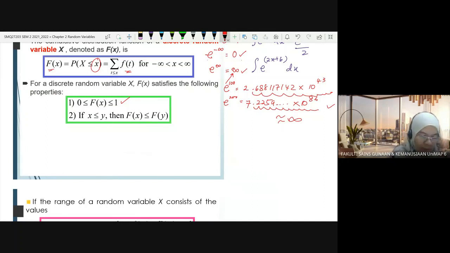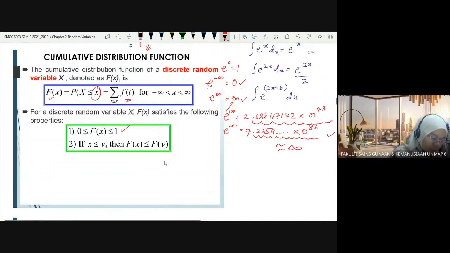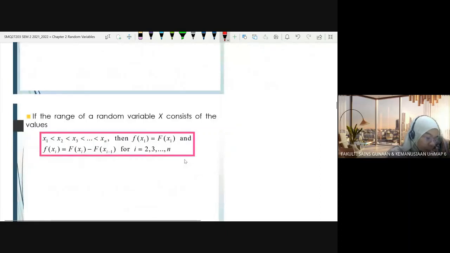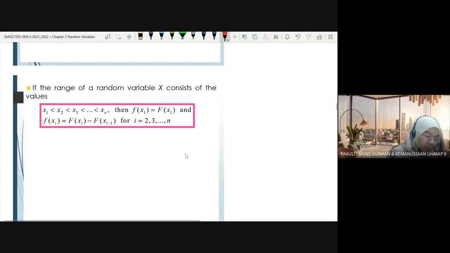That will be the probability value. And the cumulative probability distribution function will be F(x) is the probability that X is less than or equal to x. This is what we have done in the previous part, and the range for the random variable x for discrete is as follows.